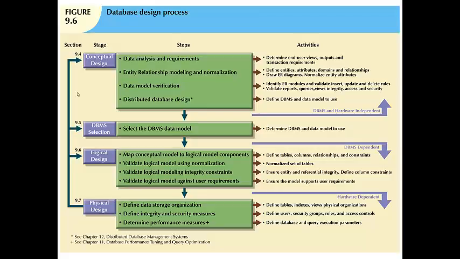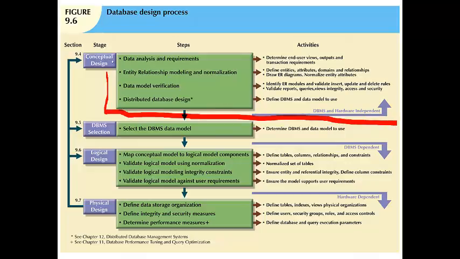And so here we have some activities that are associated with our design process. These are the most important to me, right? Understanding our data and our requirements, doing our ER model, and then verifying our data model, making sure that this model that we create is a true solution to the problem.